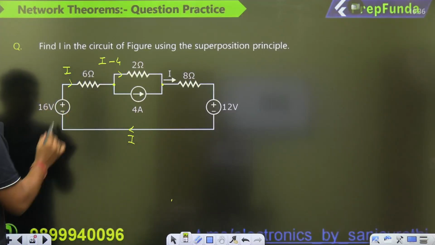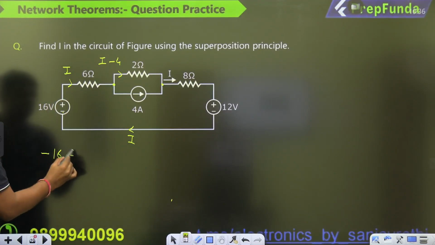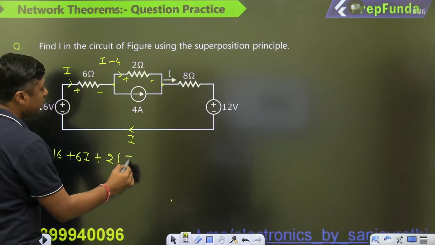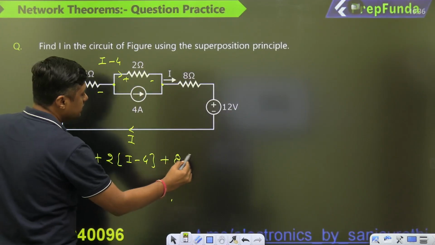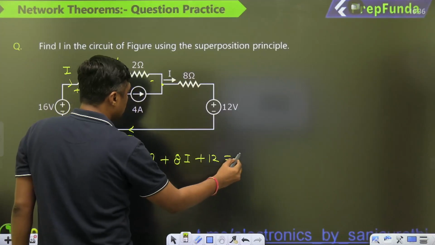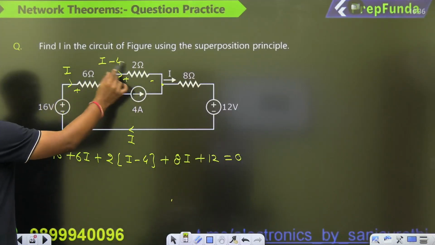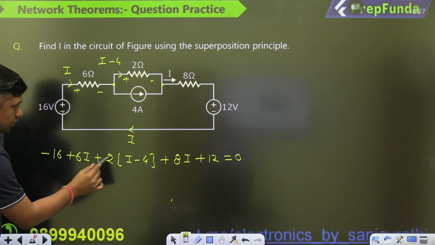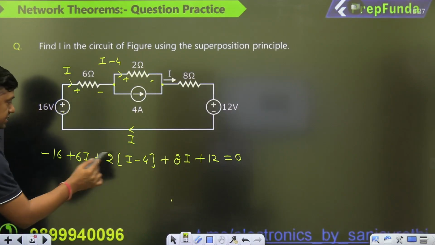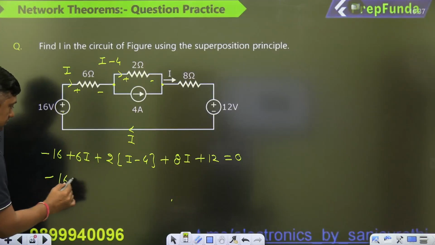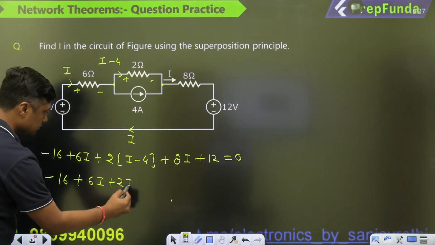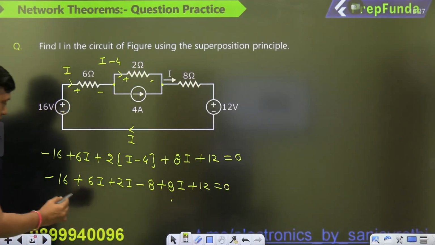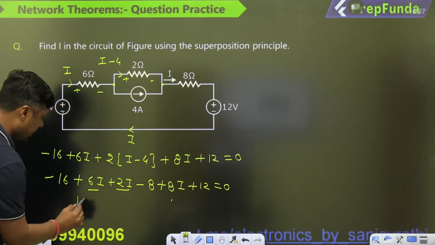Now write down the KVL. This is minus 16 plus 6I plus 2 times (I minus 4) plus 8I plus 12 is equal to 0. Then 6 plus 2 is 8, 8 plus 8 is 16I.